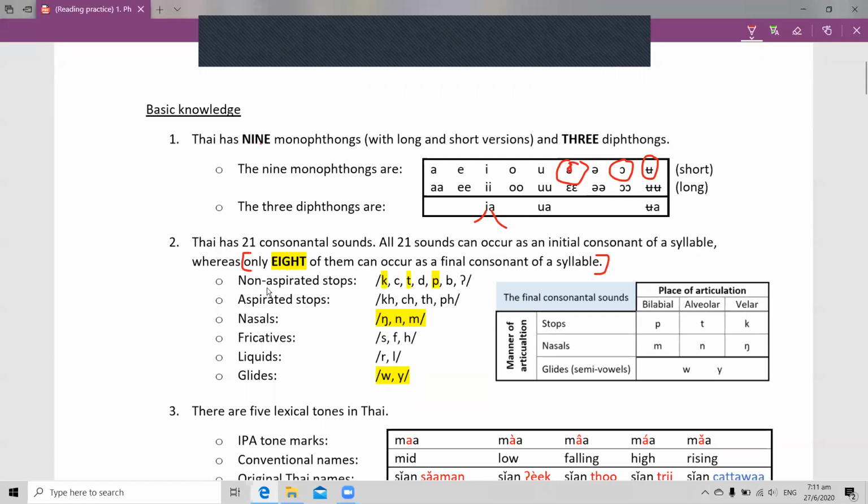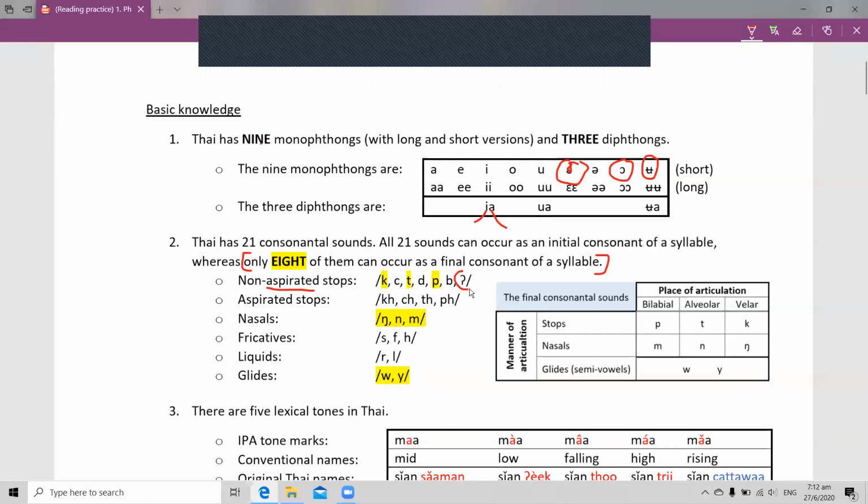For the non-aspirated stops, which means that there's no puff of air when you pronounce them, they are ko, cho, to, do, po, bo, and the glottal stop, o.